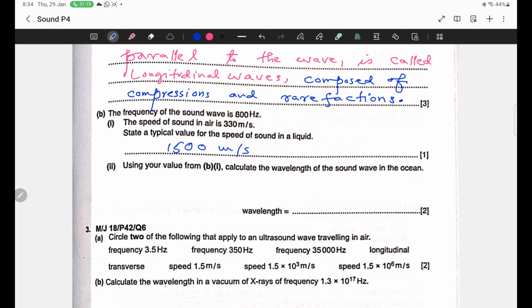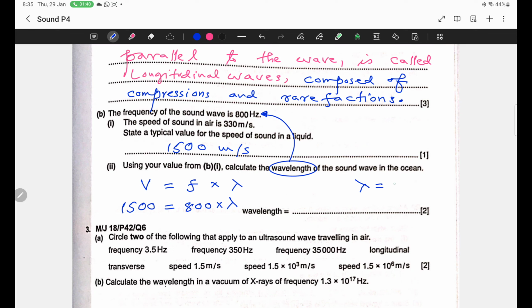And now use this number to calculate the wavelength of sound in the ocean, and frequency is given. So v equals f lambda. Velocity is 1500, frequency is 800, and wavelength I have to calculate.